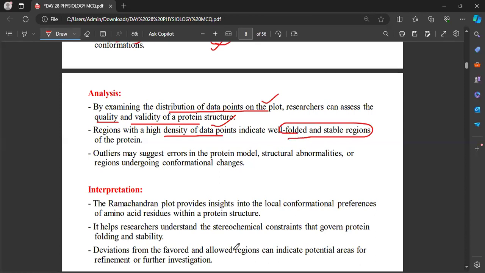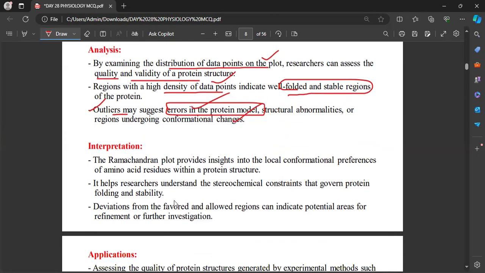If it is well-folded, then the protein structure will be either quaternary or tertiary. We can find the structure of the protein as well. Now, the outliers may suggest errors in the protein model. Is there any error or mistake in that protein structure? If there are any abnormalities, they will be shown in the outlier region.